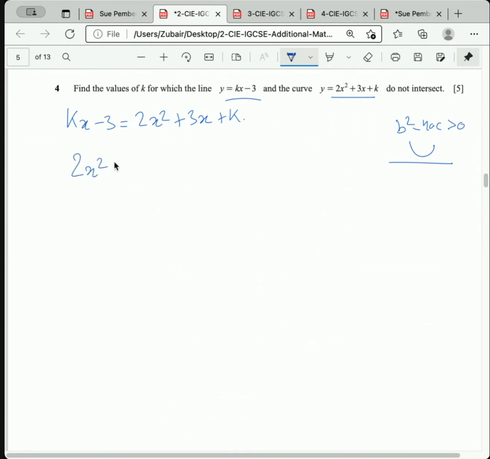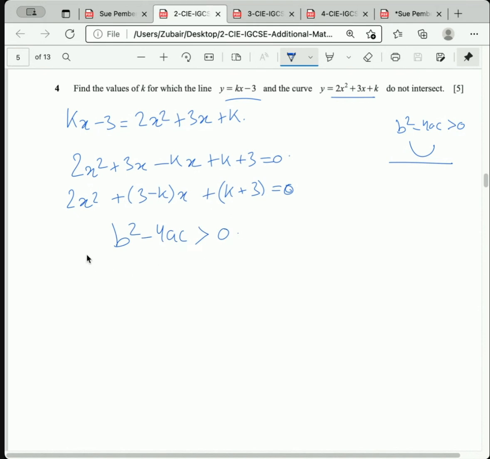Rearranging: 2x squared plus 3x minus kx plus k plus 3 is equal to 0. 2x squared, (3 minus k) x, k plus 3. B squared minus 4ac is less than 0. (3 minus k) whole squared minus 4, a is 2 and c is k plus 3.